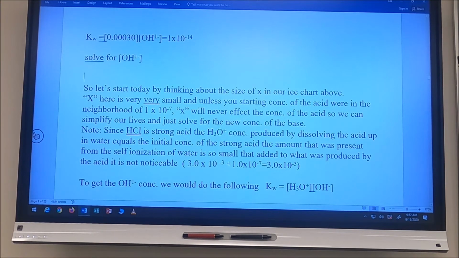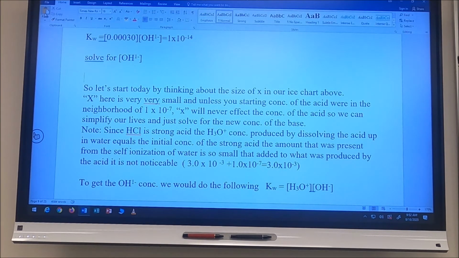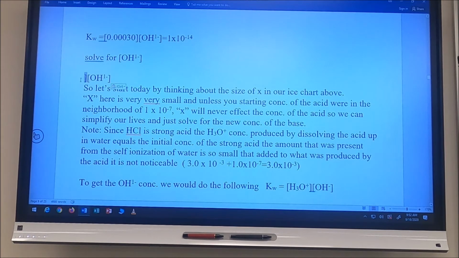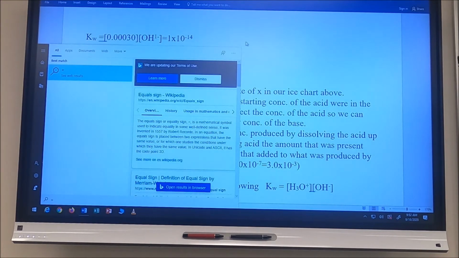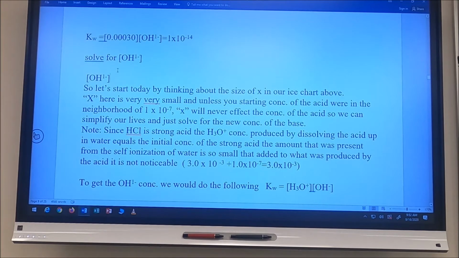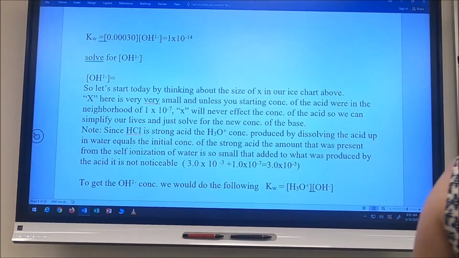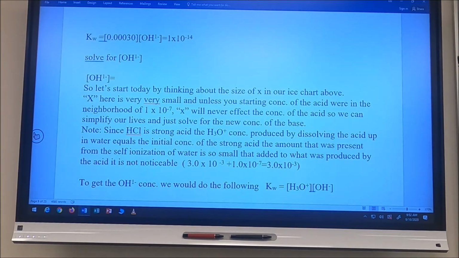What I get is hydroxide ion concentration is going to equal, let me punch this through on my calculator so we have a number. 1 exp 14 negative divided by 0.0030.